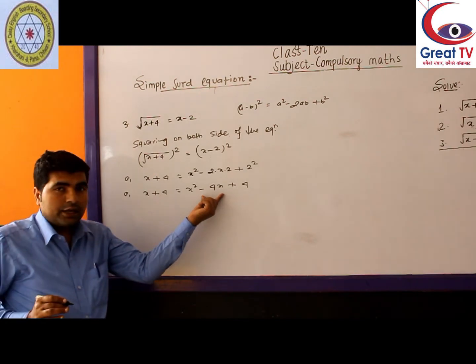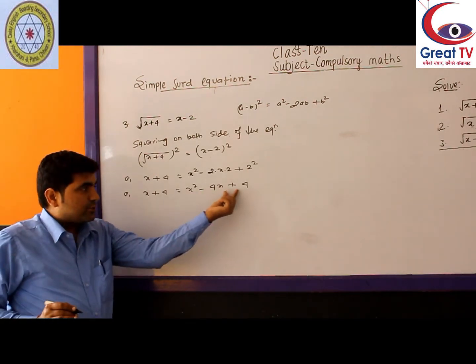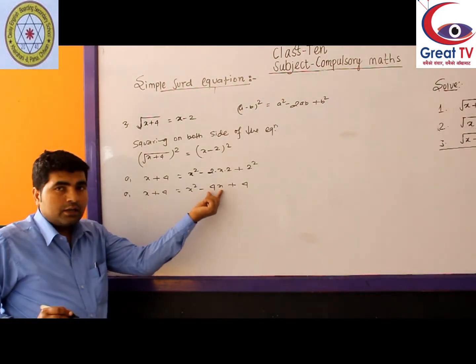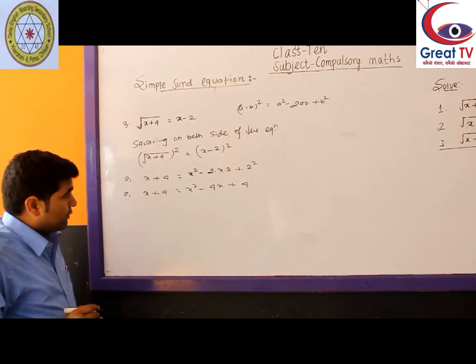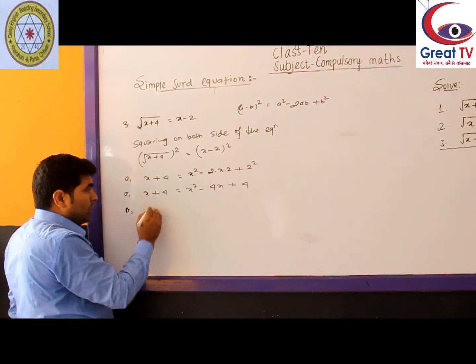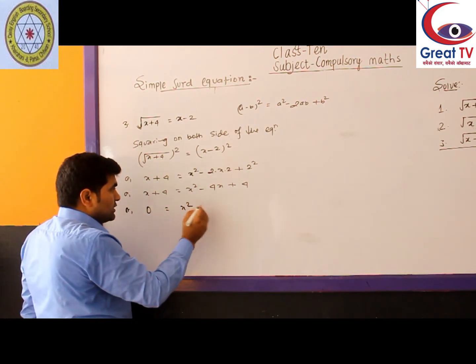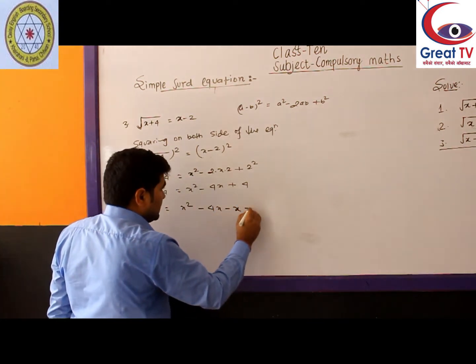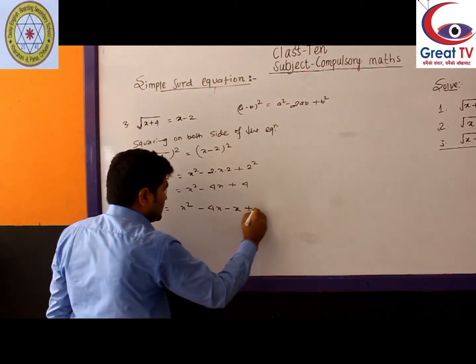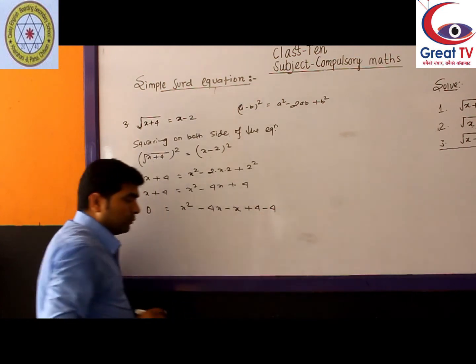Like this we get a quadratic form, x square minus 4x plus 4. For that, we find the value of x by using the factorization method. Zero equal to x square minus 4x, this x goes to the other side, minus x, plus 4, this 4 goes to the other side, minus 4.